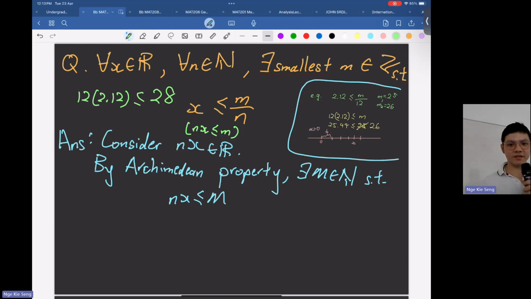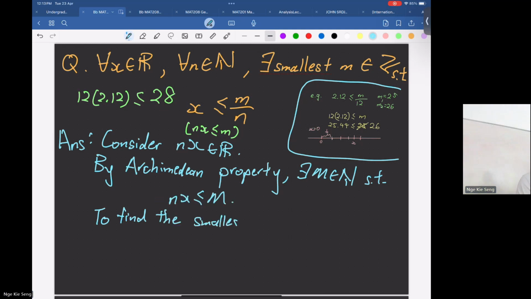So what I am saying here is, to find the smallest m such that nx is less than m, what could we do?